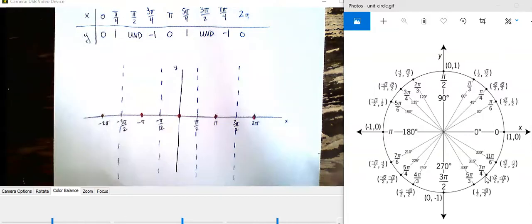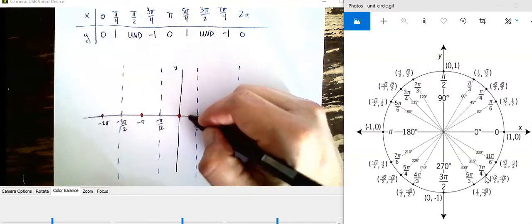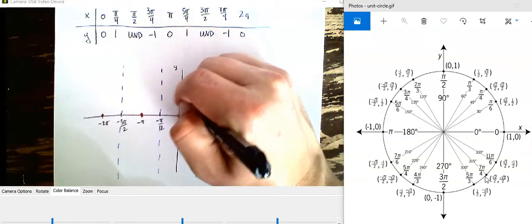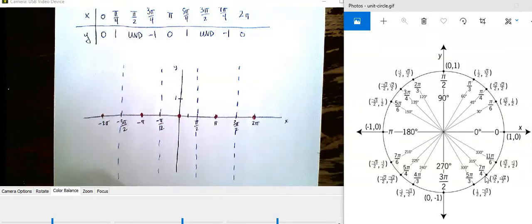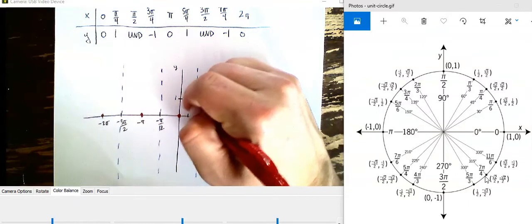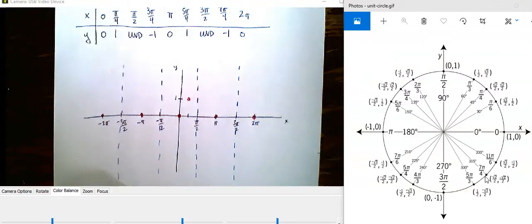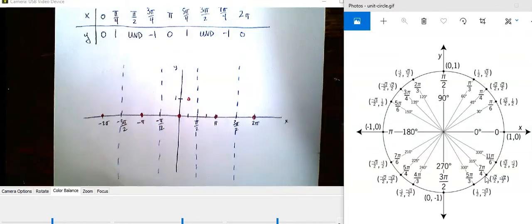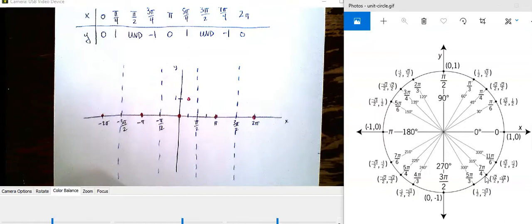So at pi over 4, which is our halfway point here, we'll have 1. Then at 3 pi over 4, which is here, in between pi over 2 and pi, we have a negative 1.